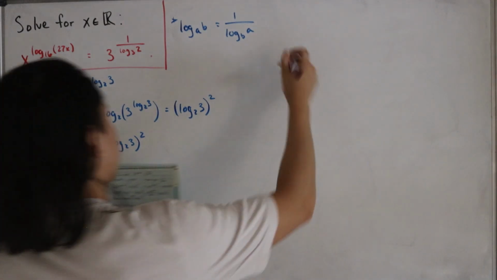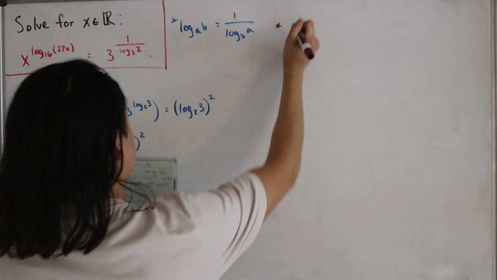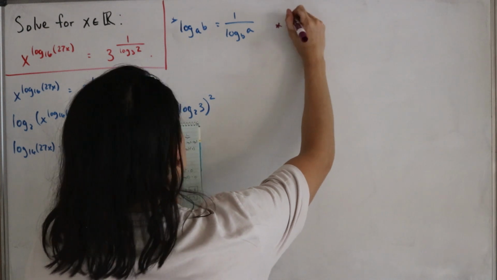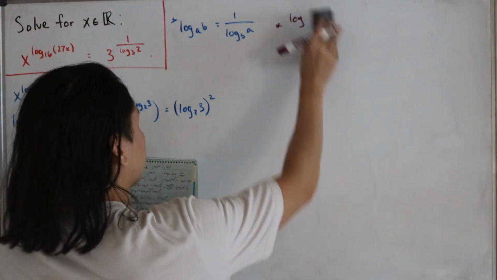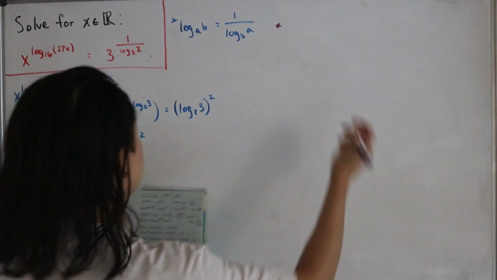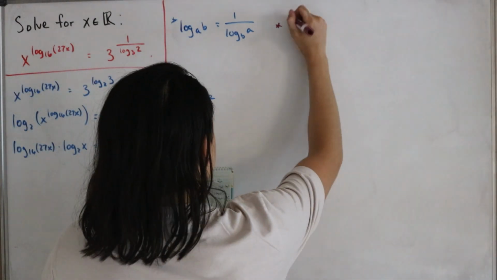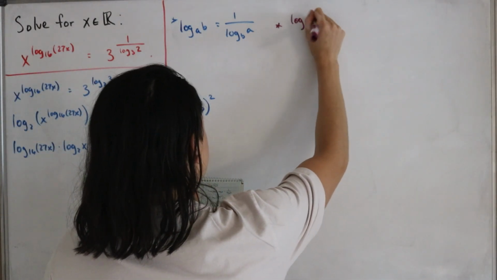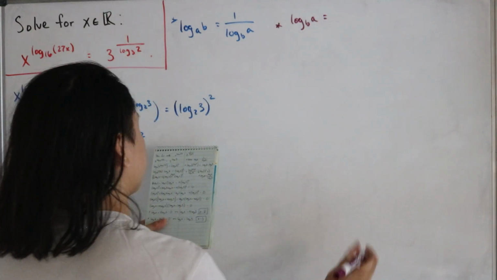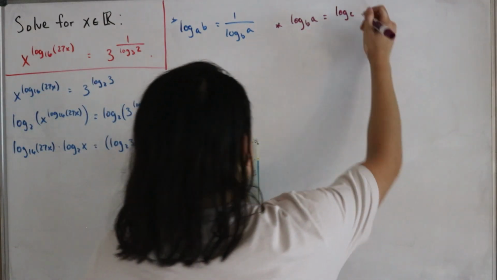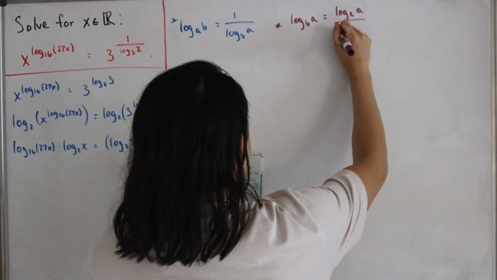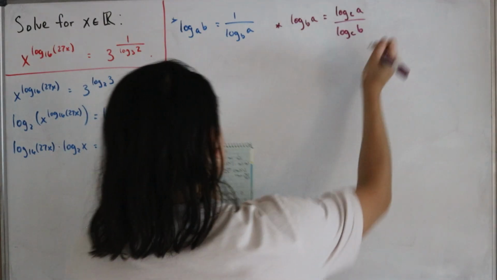Actually, I should write this formula first. The change of base formula states that if you have log base B of A, and you want to change it to a different base, it's the same thing as log base C of A, where C is our new base, divided by log base C of B.